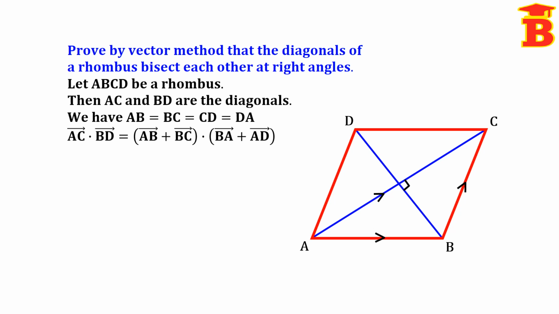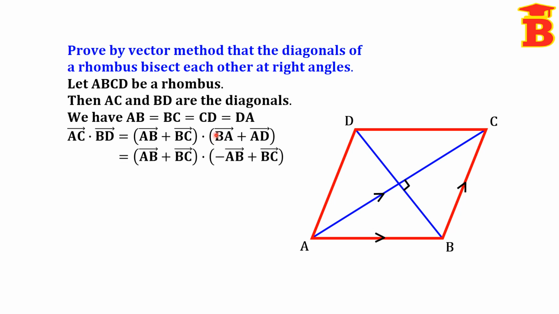So in the first bracket we have AB vector plus BC vector. So we try to write this also in terms of AB vector, BC vector. How to write this BA vector as AB vector? Same vector, opposite direction. So we have to change the sign.